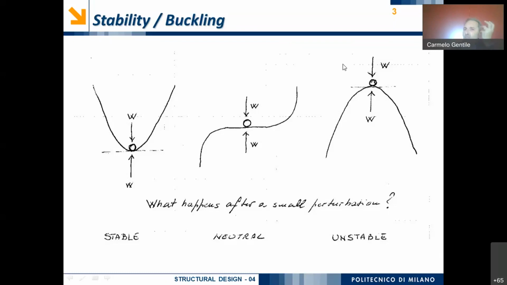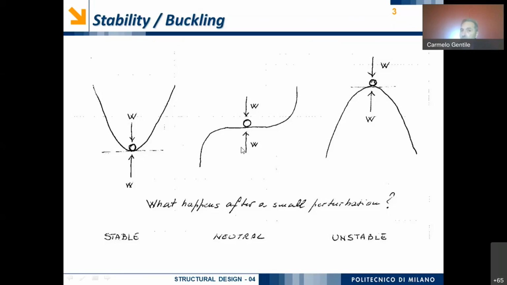But of course, it's obvious that the three cases are very different, and we can understand the difference by applying a small perturbation. When I apply a small perturbation in the first case, I clearly understand that when the perturbation ends, the initial equilibrium position is completely recovered. So in this case, the equilibrium position is said to be stable.